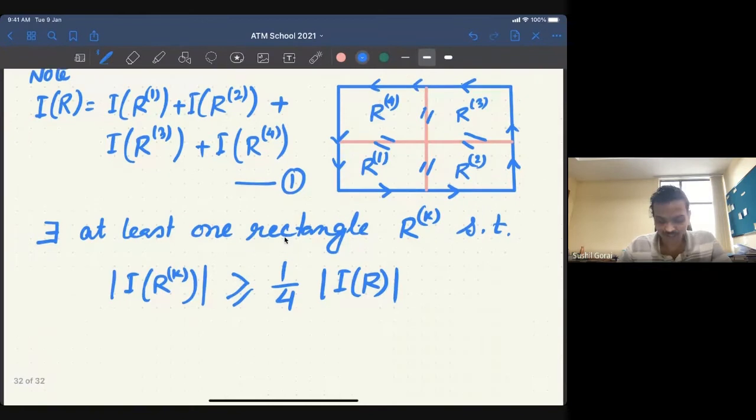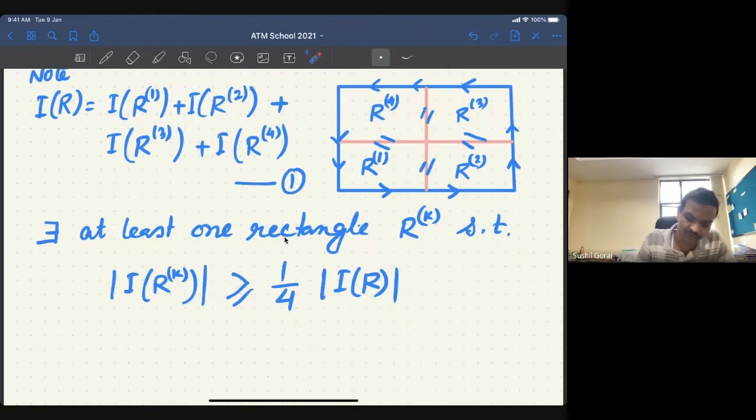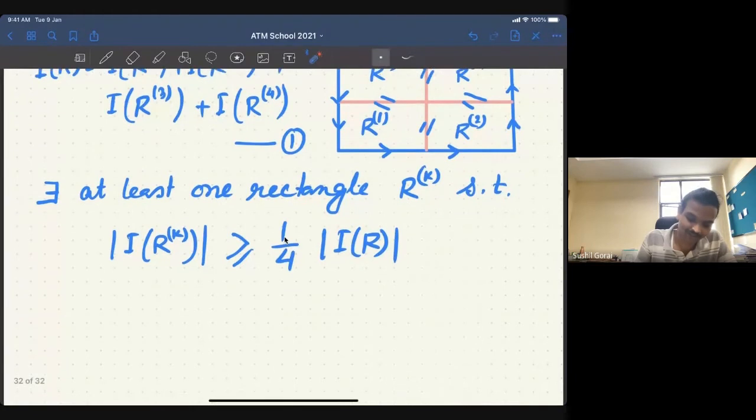Is this okay? I_R is the summation of these 4, right? So if all of them were strictly less than 1/4 of I_R, then there would be a contradiction, right?